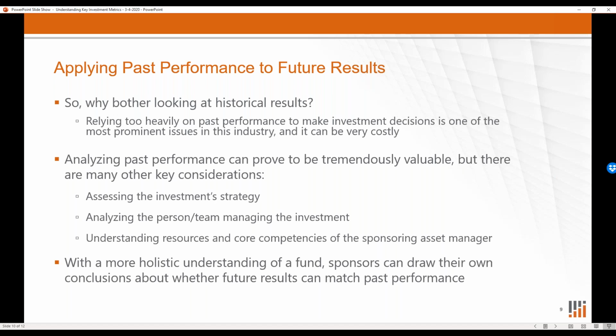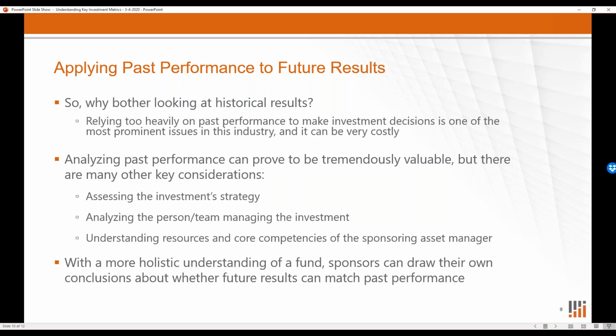And of course, because our presentation is focused on key investment metrics, I think we have a very good answer for it. But before I speak to that answer, I do want to stress a very important point here. Relying too heavily or relying exclusively on the performance history of an investment to make investment decisions can be a very, very costly issue, and it is an issue that plagues the industry that we all work in.